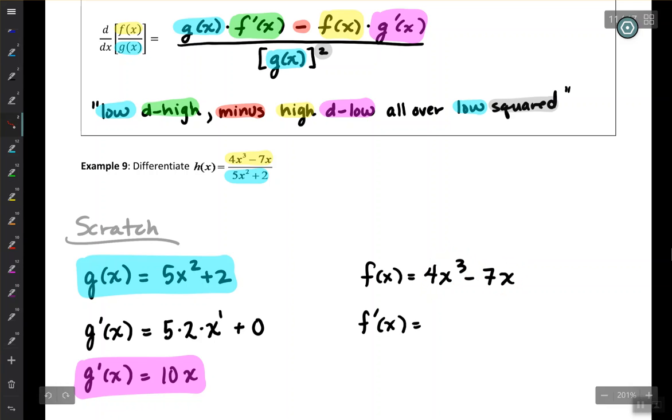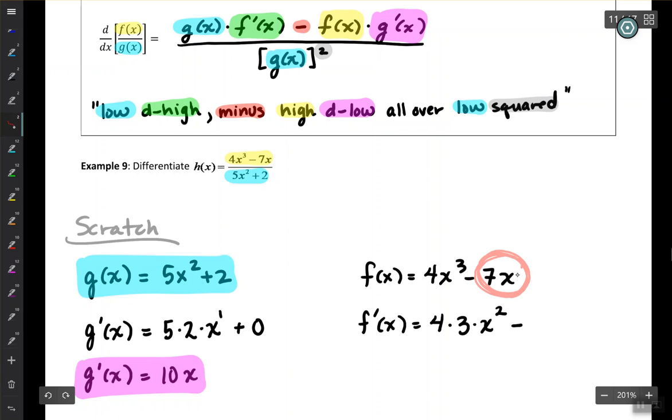I get to differentiate term by term. The derivative of 4x cubed gives me 4 times 3 times x to the 3 minus 1 power, x to the power of 2, minus the derivative of 7x, which is just 7.